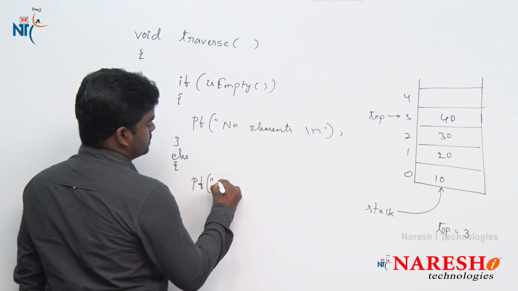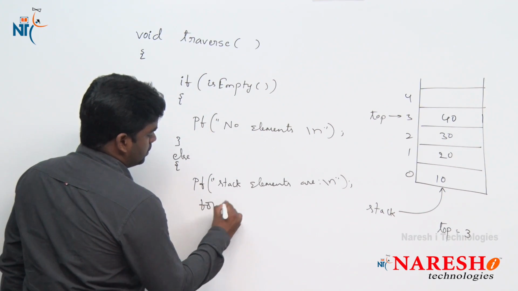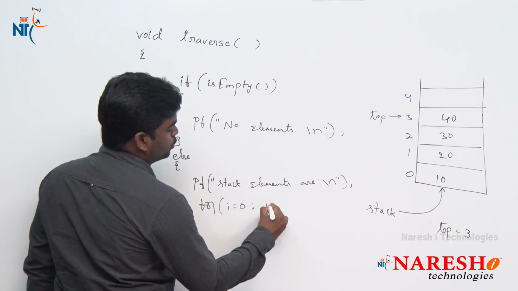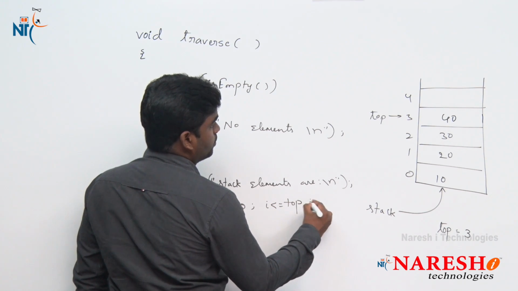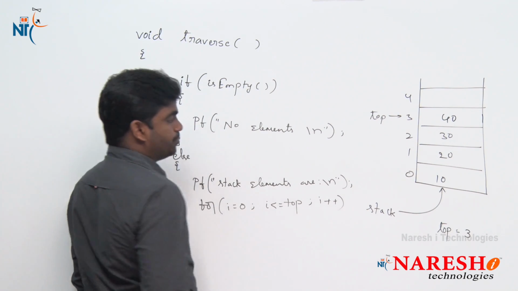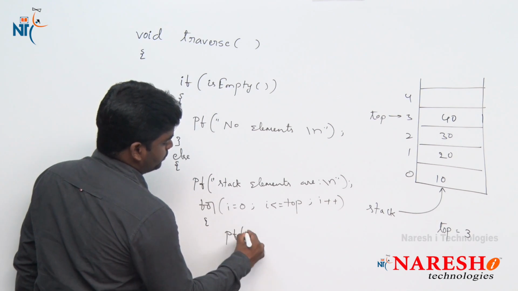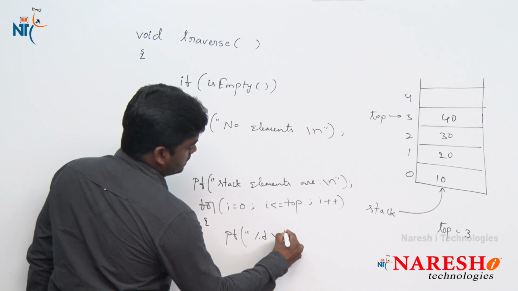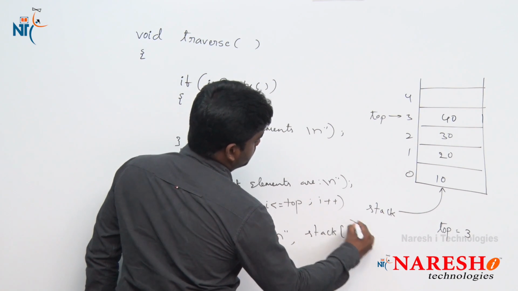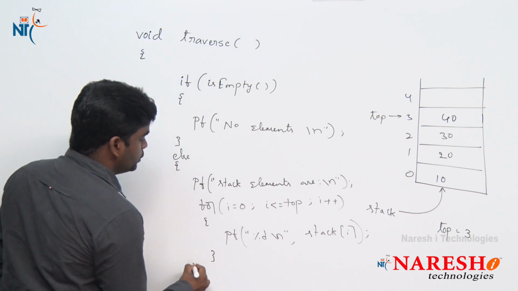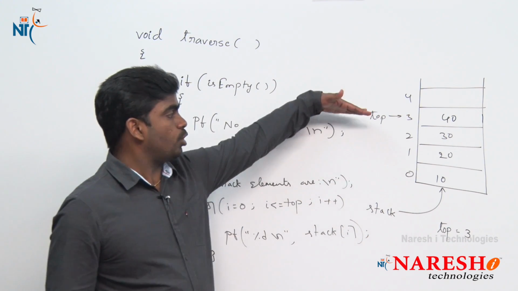Print stack elements using a for loop: I starts with 0, I less than or equals to top, I plus plus, and we print printf %d backslash n, simply stack of I, because I iterates from 0 up to the top location.